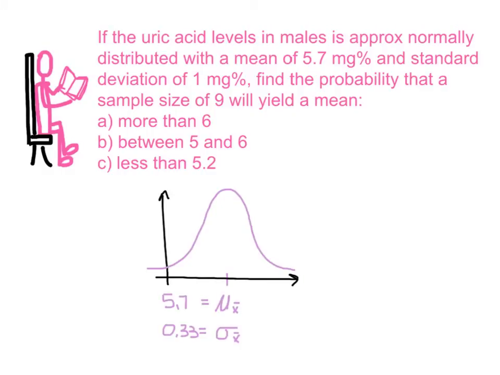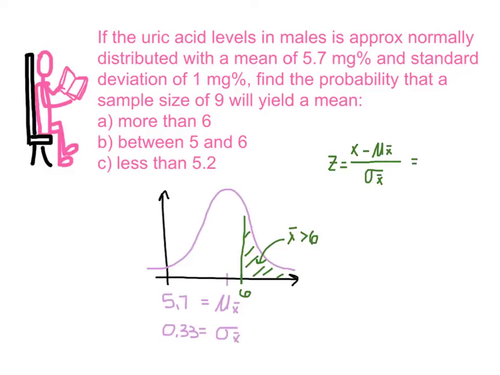So A says we want it to be more than 6. So that sample mean we're going to have, we want it to fall in this area right here, right? So that's more than 6. So now we can convert this 6 into a z-score. So let's go for that. We remember that z equals the value we're looking at minus the mean, in this case mu sub x bar, over the standard deviation, which in this case is the standard error.